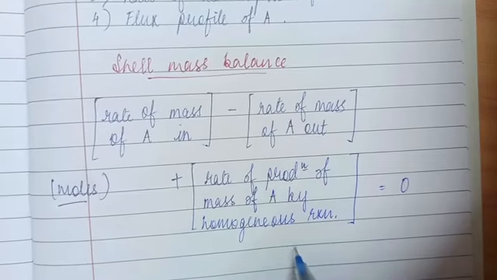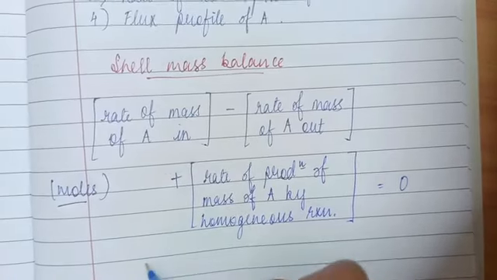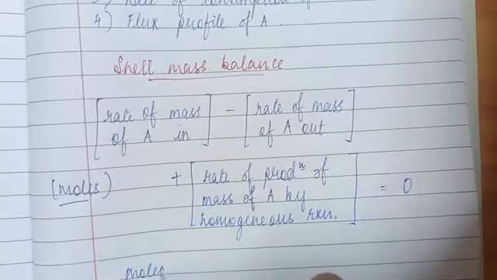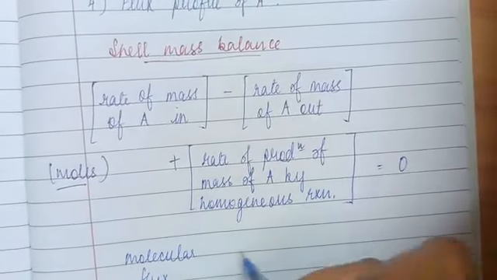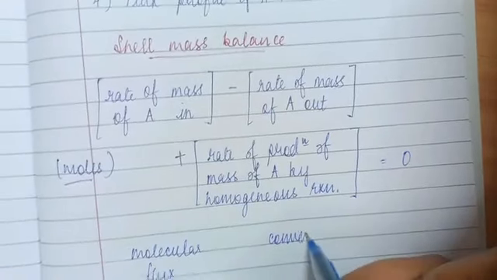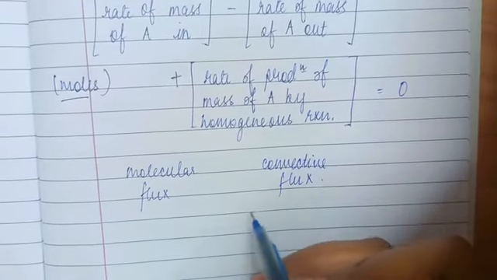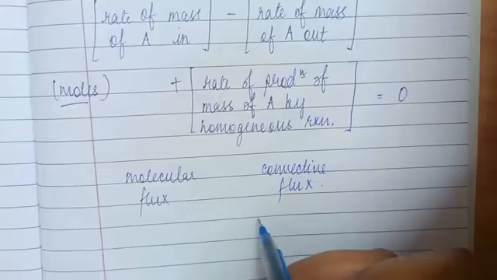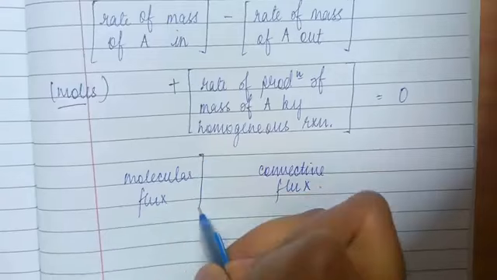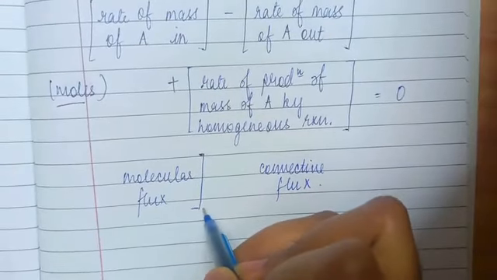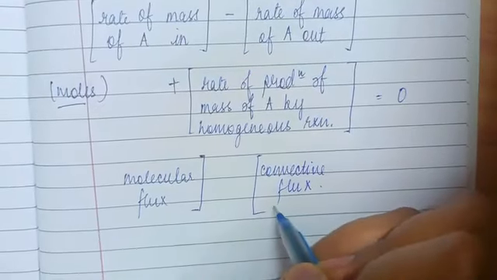As we saw in the term of Na, we have two terms. One is the molecular flux and the other was the convective flux. So we can say that the chemical species A may enter or leave the system by diffusion, that will be the molecular flux or motion, and the overall motion of the fluid, that is by the convective flux or motion.